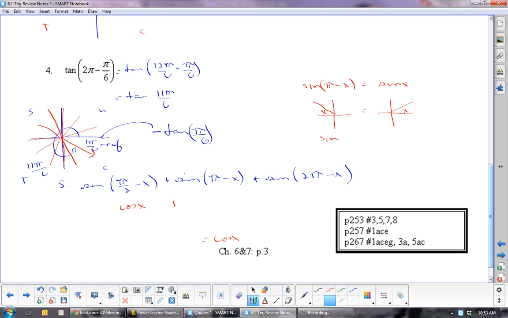So I'm going to put plus sine x because I just showed you that that works. And then another one is sine of 2 pi minus x equals sine of negative x. If you go 2 pi minus x, you end up there. And if you go sine negative x, you end up there. So that's why that one shows that they're the same.